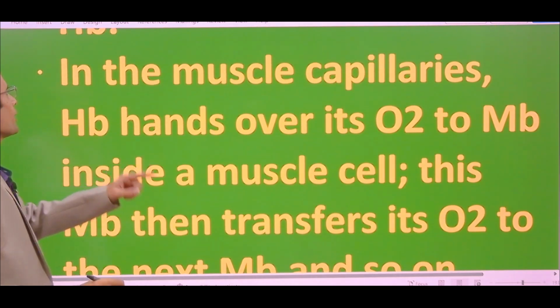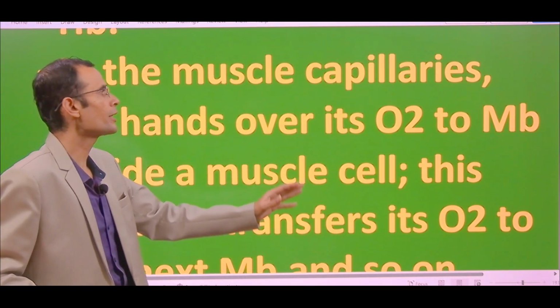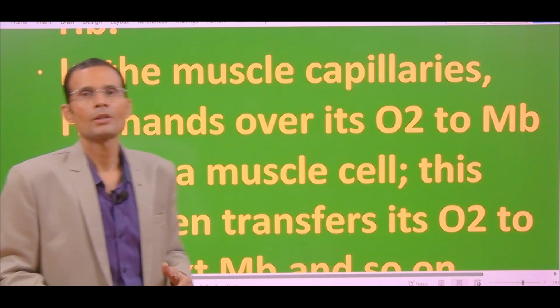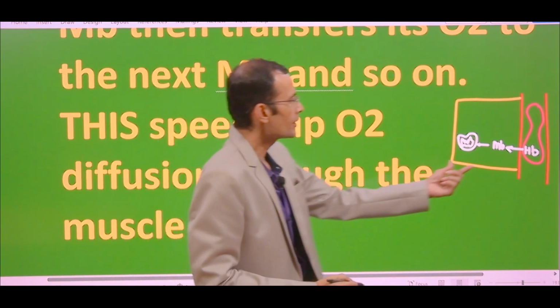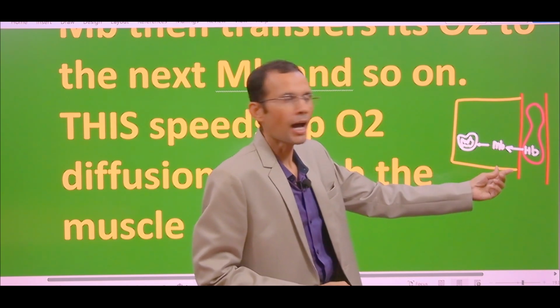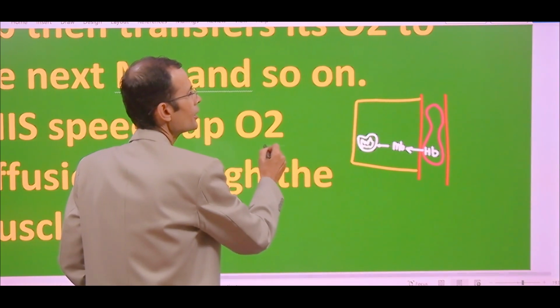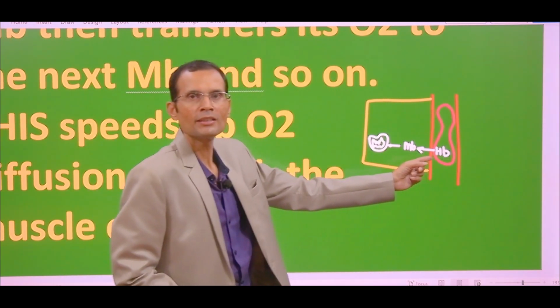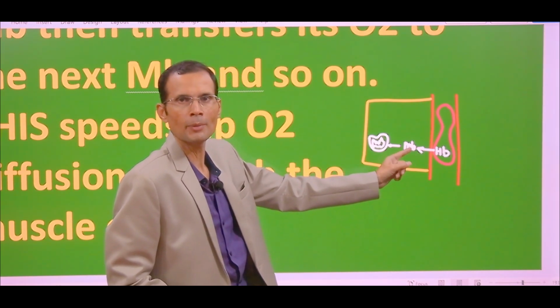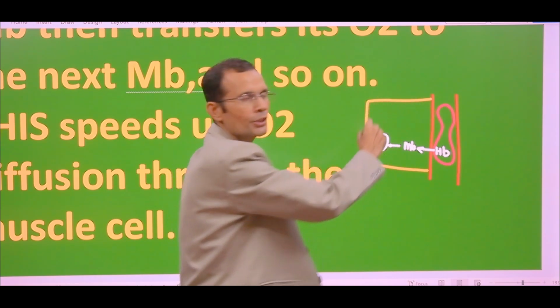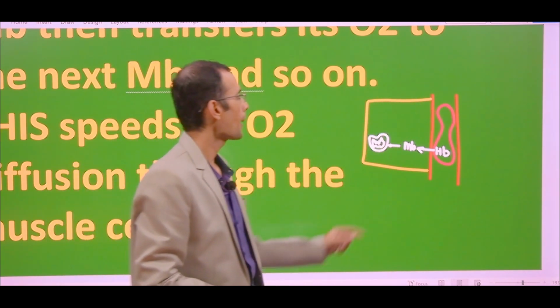In the muscle capillaries, hemoglobin hands over its oxygen to the myoglobin. So basically there is a blood vessel, there are RBCs, if you can see here, yes, hemoglobin inside the RBCs. This hemoglobin will deliver its oxygen into the muscle cell. There is a muscle cell shown here, a representative diagram.